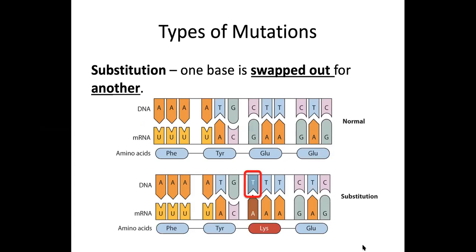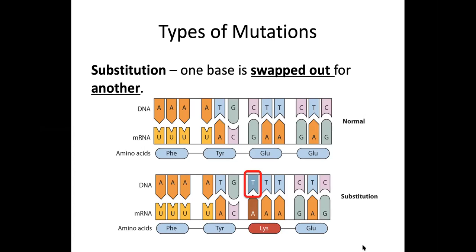The first one we're going to talk about is substitution, and substitution is exactly what it says it is. We're substituting a letter, so we're swapping out one letter for another letter. One base is swapped out for another. If you were to look at this top sequence of DNA and compare it to the bottom sequence, you are going to notice that there is a difference.